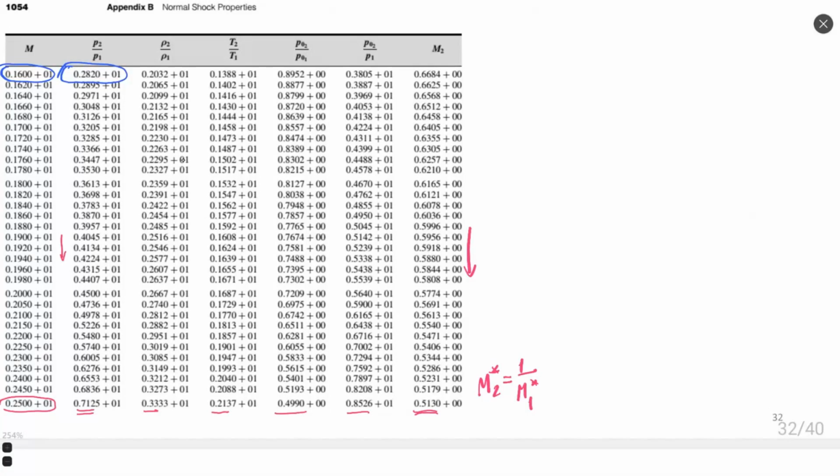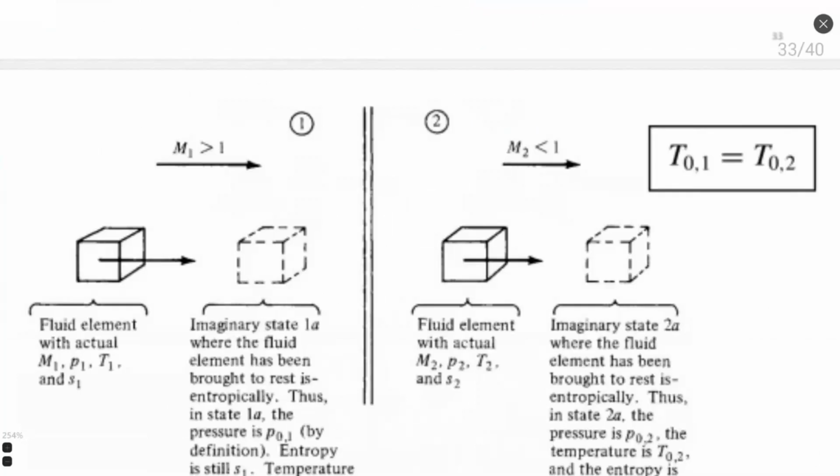My temperature change will be 1.388, and my efficiency approximately will be 90%, 0.9. I will make very rough rounding of this value, just for simplicity.